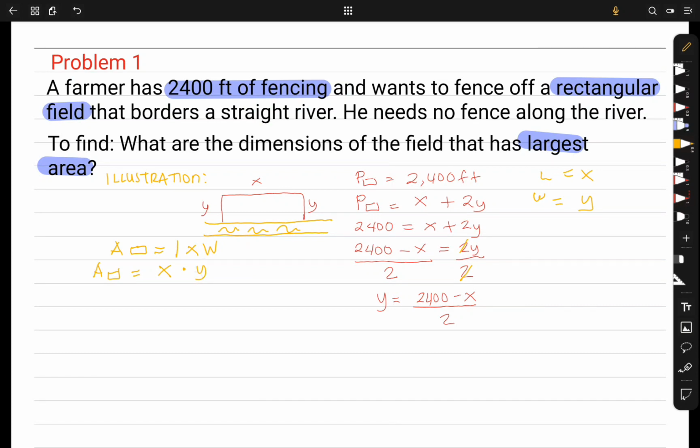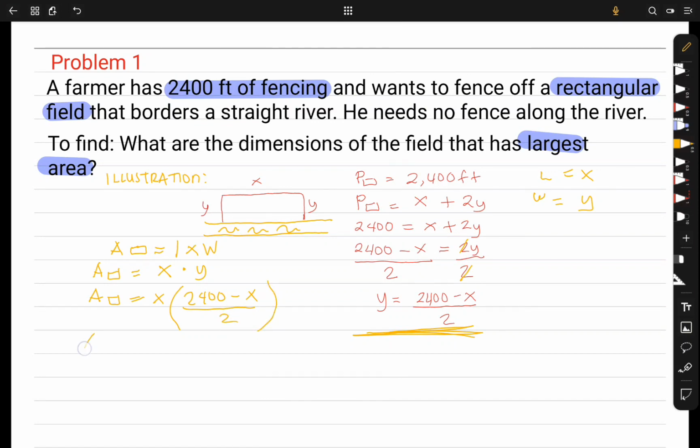So, meron tayong value ng formula ng y dito. Pwede natin siyang i-substitute dito sa ating equation. Kasi nga largest area yung kinukuha natin. So, by substitution, area of rectangle is equal sa x multiplied tayo ng 2,400 minus x all over 2.